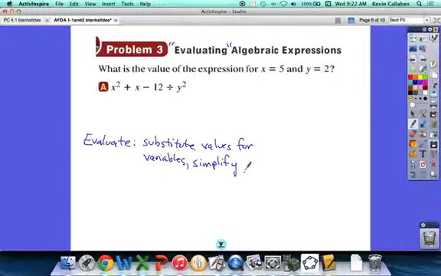In this case, it's x equals 5, y equals 2, and here's your expression.